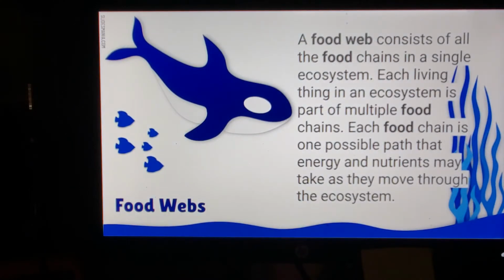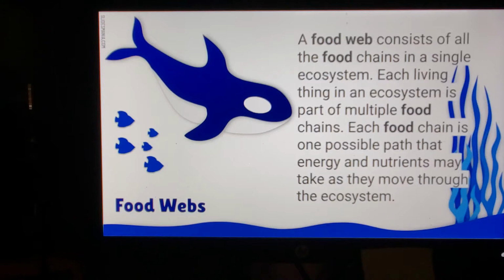So what are food webs? Yesterday we talked about food chains, and we saw that it just means how energy is passed from one organism straight to another, then straight to another. But nature is more complex than that. And really, we need food webs to get a better idea, when we're looking at an ecosystem, of how it really operates.